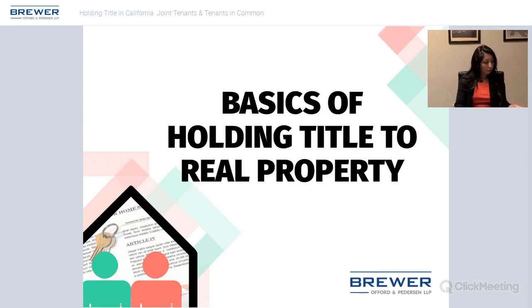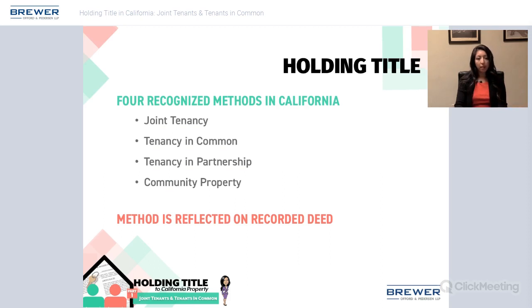All right, so the basics of holding title to real property. There are 4 recognized methods: joint tenancy, tenancy in common, tenancy in partnership, and community property. There are little offshoots from holding title under community property and tenancy in common.